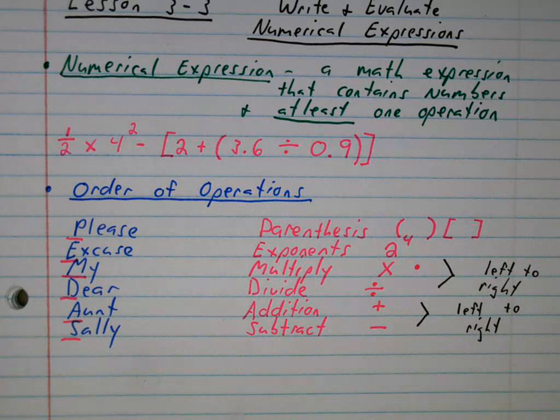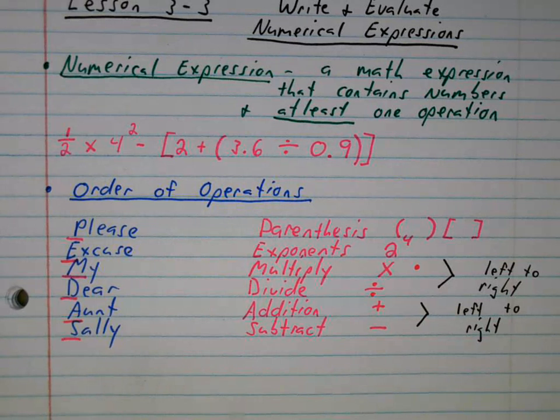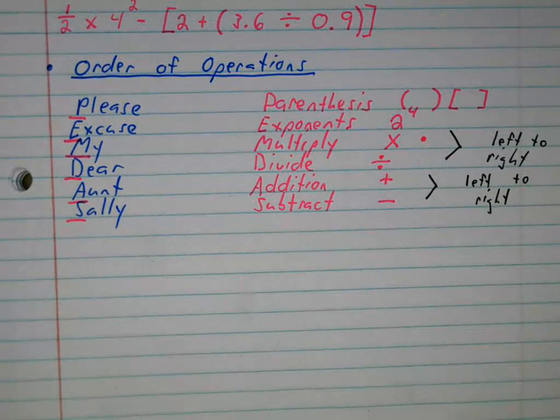All right. So I'm going to rewrite this numerical expression below here, and we're going to use order of operations to solve this all the way through to the end. So let's get started here.